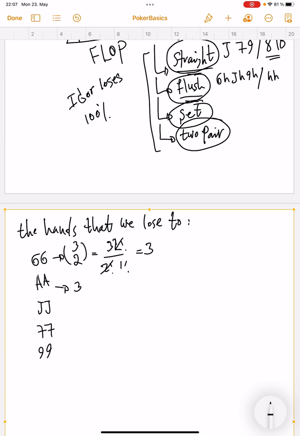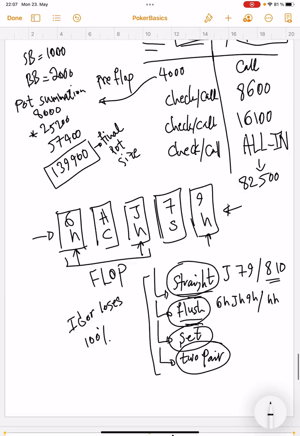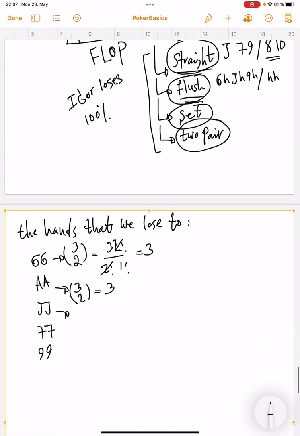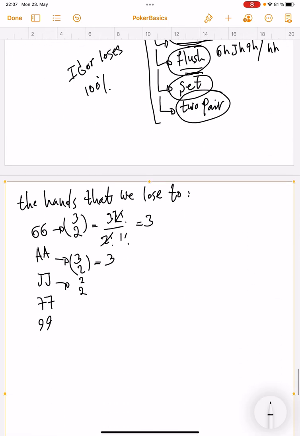And there are also 3 aces, again the same combination, and 3 combinations are here. Jacks, we have one jack here on the board and one jack in our hand, so this means there are only 2 jacks available and the combination will be only 1. Pocket 7s will be again 2 out of 3, so this will be 3, and pocket 9s will be also 2 out of 3, which is a 3.